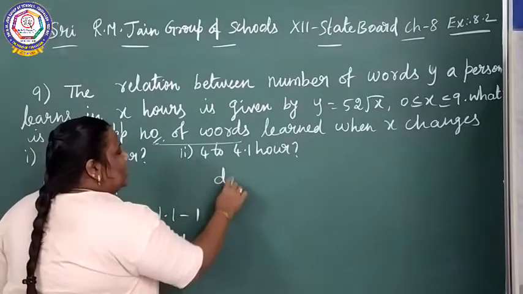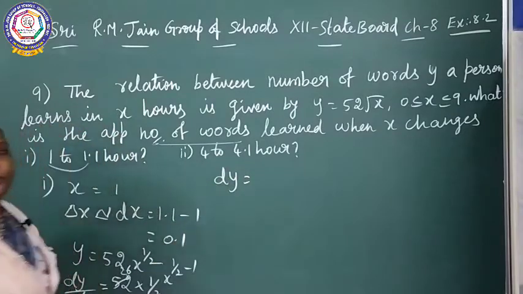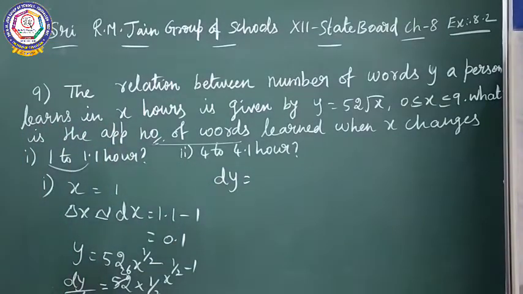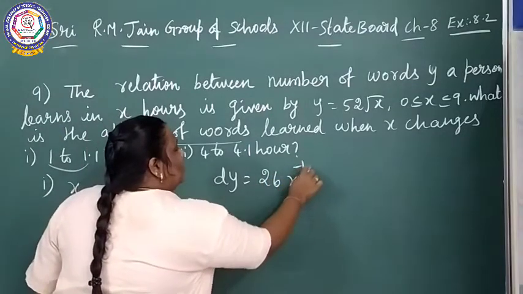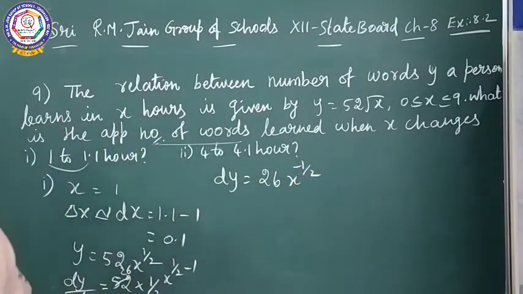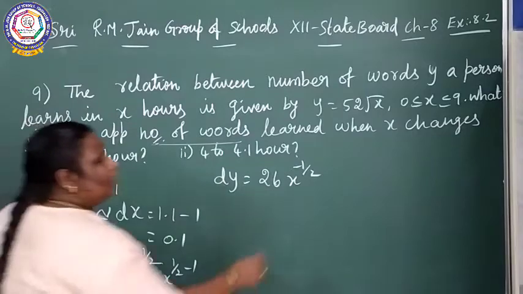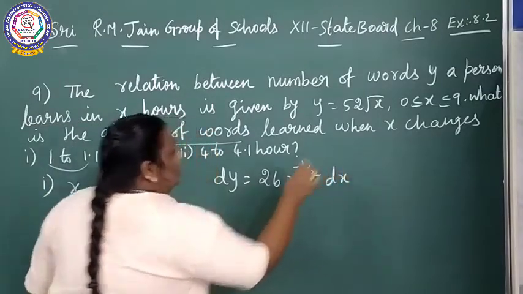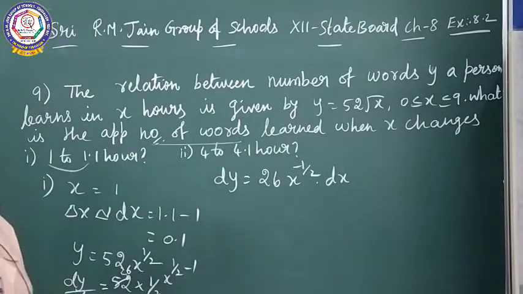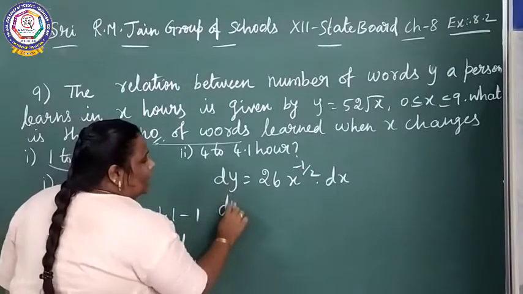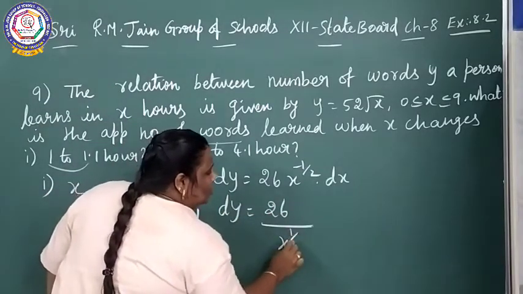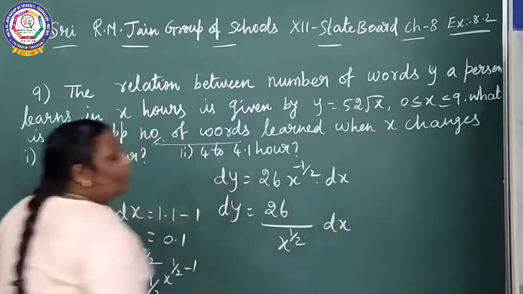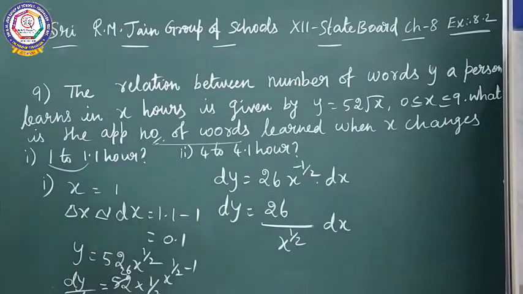So dy equals 26 x to the power minus 1 by 2 into dx. The power should not be negative, so dy equals 26 by x to the power 1 by 2 into dx.